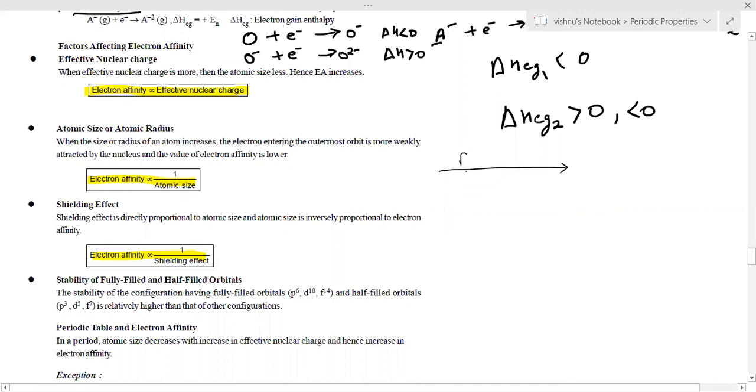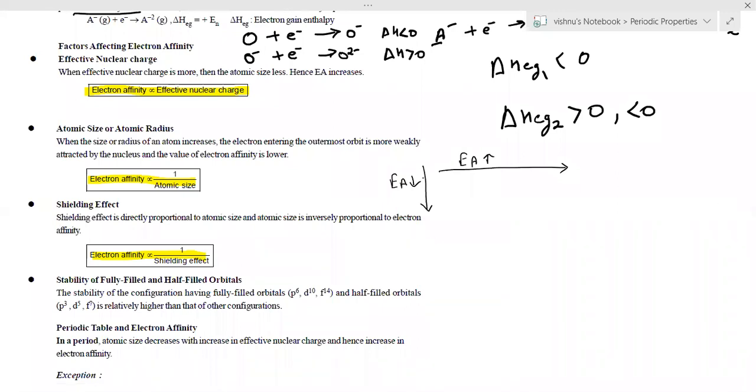In a group, when you go from top to bottom, size increases, hence electron affinity decreases. This is your general trend.